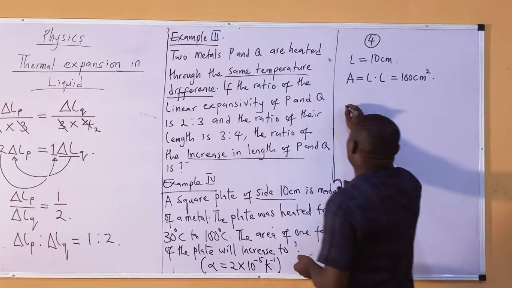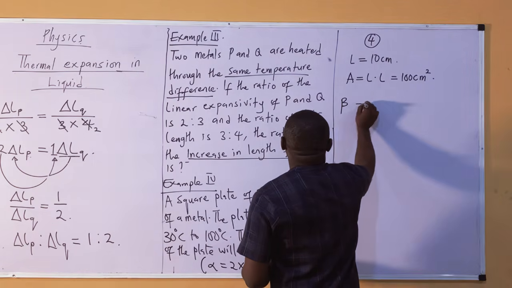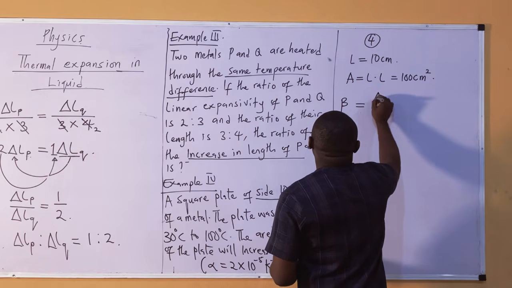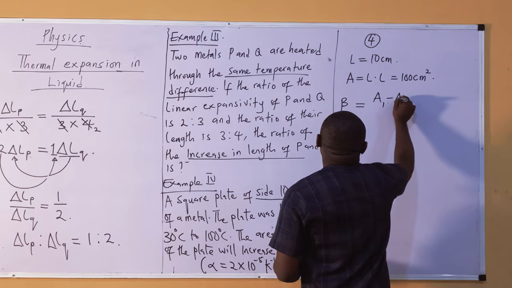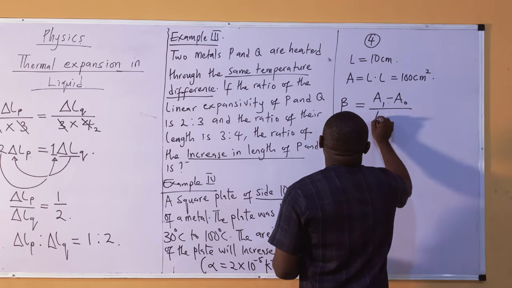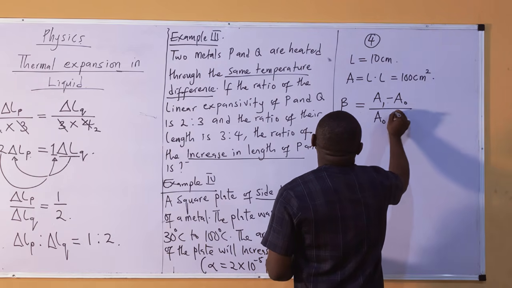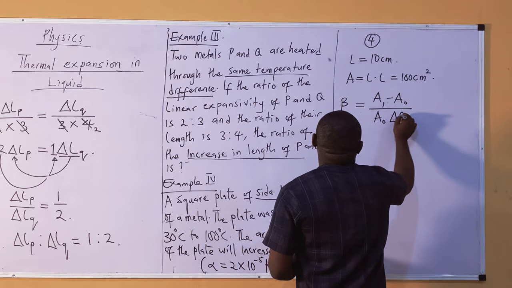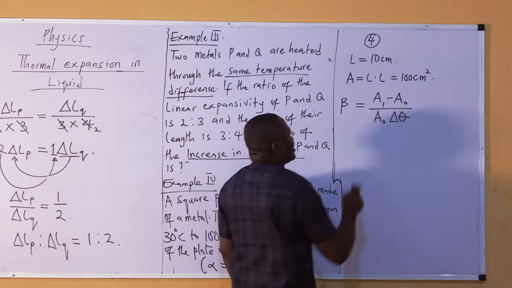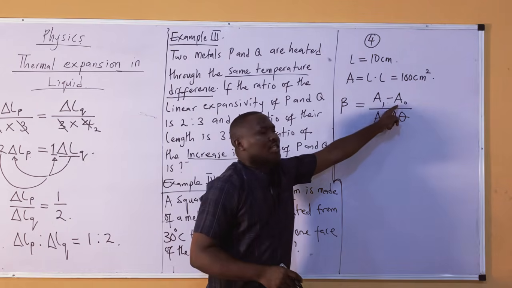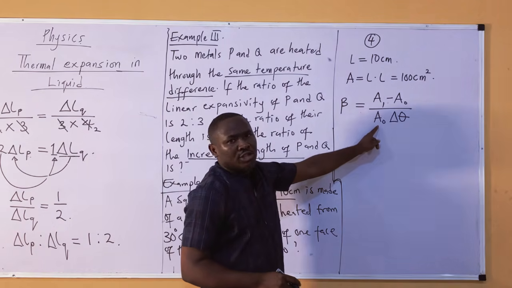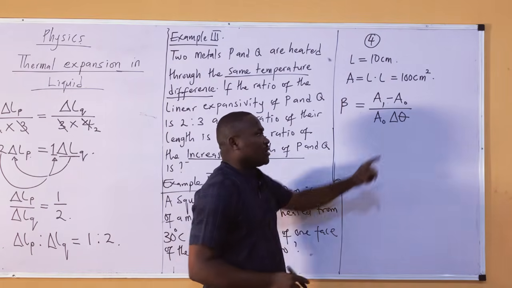So now you know that beta, which is area expansivity, equals change in area over original area times change in temperature.